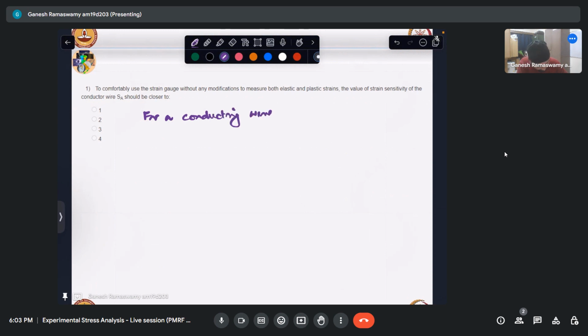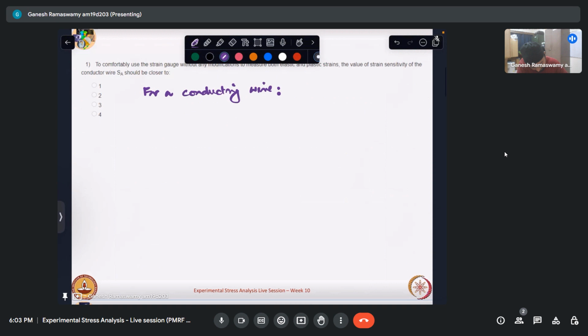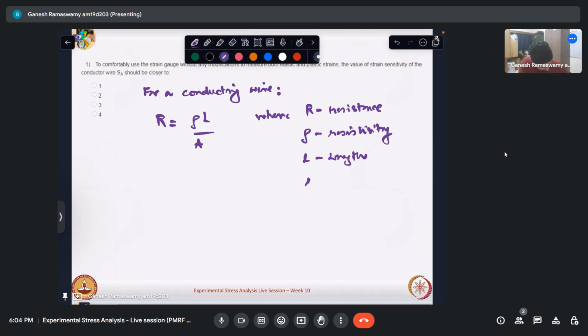For a conducting wire, we know that resistance is given by rho L by A, where R is the resistance, rho is the resistivity, L is the length of the wire, and A is the area of cross section.